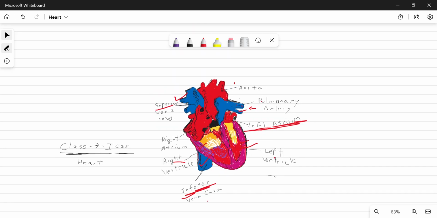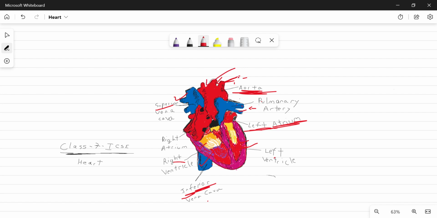Yeah, so this thing which you see over here, we'll call the aorta. So this is like your hair, and this is known as aorta.